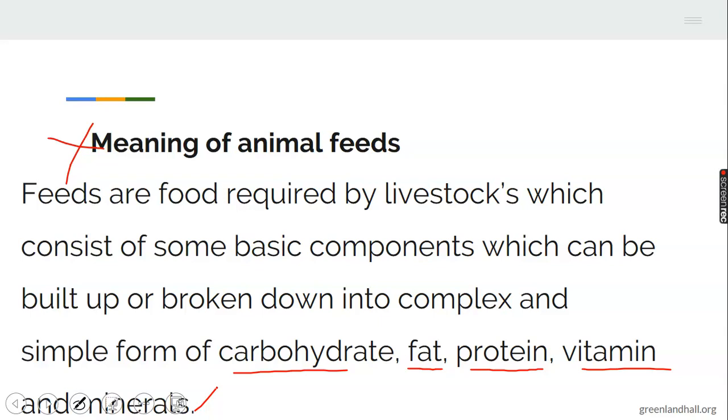The classes of food, we should take our mind back to, which I believe we all know, and as well stated here. Even as man, your food must contain all these classes of food for it to be regarded as a balanced meal.